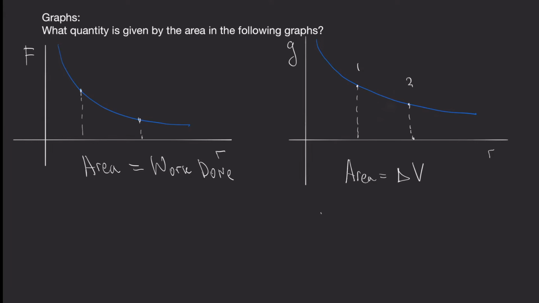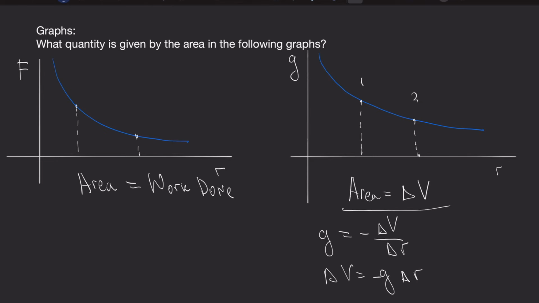A good way to think about it is that g is equal to minus delta V over delta r, which is given in our formula booklet, meaning that delta V is given by g delta r in terms of its magnitude. So this here is going to be g times delta r and g times delta r. It's useful to remember that the area in this case is the change in gravitational potential.